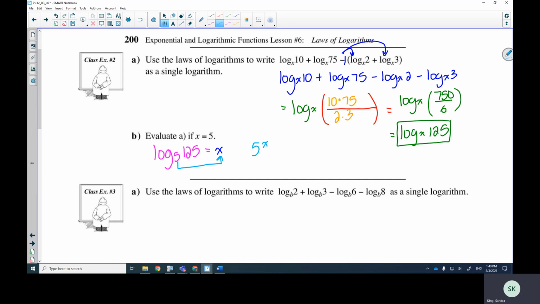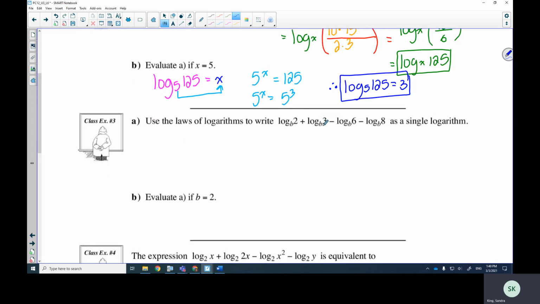But for those that need to see this, 5 to the power of x is equal to 125. 5 to the power of x is equal to 5 to the power of 3 is equal to 125. Drop your bases and your answer is 3. So how I'm going to write that, my conclusion statement would be the log base 5 of 125 is equal to 3. That's how I write that.